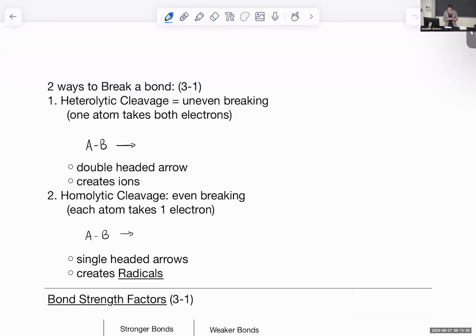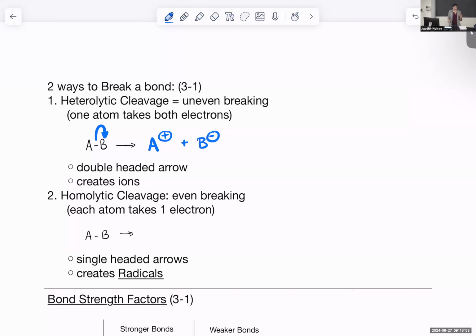All right. So we have two main ways to break our bonds. There is heterolytic cleavage. That is our most common. Heterolytic means uneven breaking. That's where one atom takes both electrons from that bond, so you would end up with your cation and your anion.